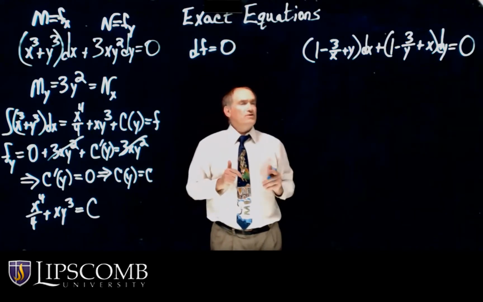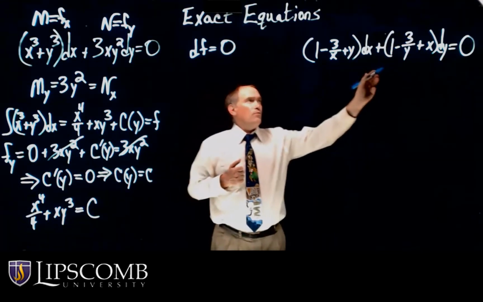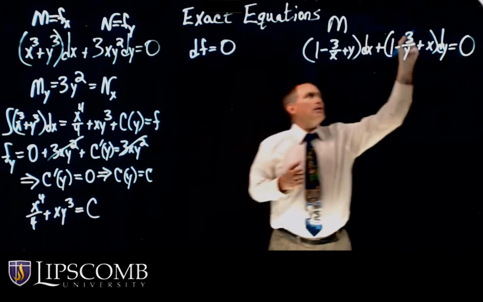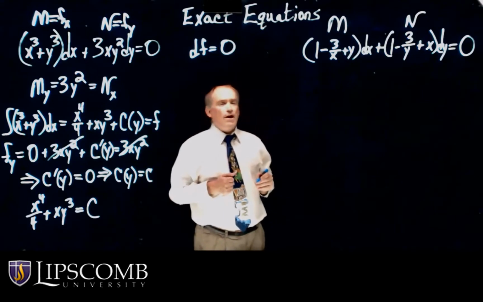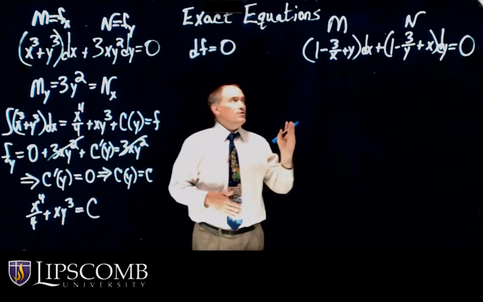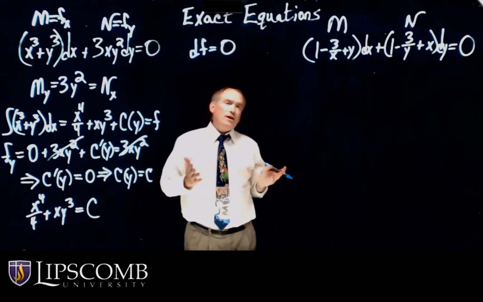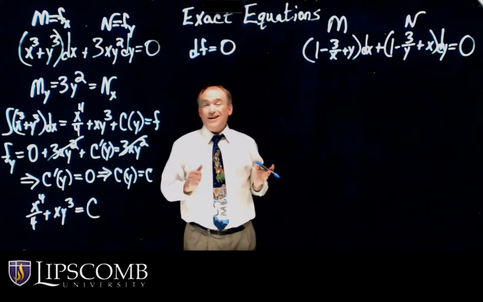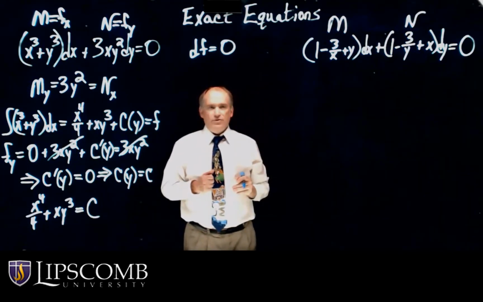Now let's look at this next example. So again, I have it in the form of M and N. M in this case is 1 minus 3 over (x plus y), and N is 1 minus 3 over (y plus x). So again, I want to check to make sure it's exact, that it's of this form, df equal to 0.